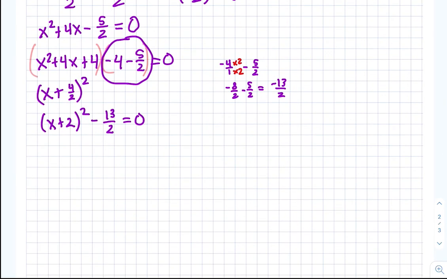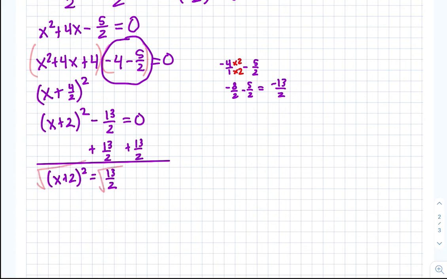Now we just solve for x, so we're going to add 13 halves to both sides. x plus 2 squared is equal to 13 over 2. Now we square root both sides, right?